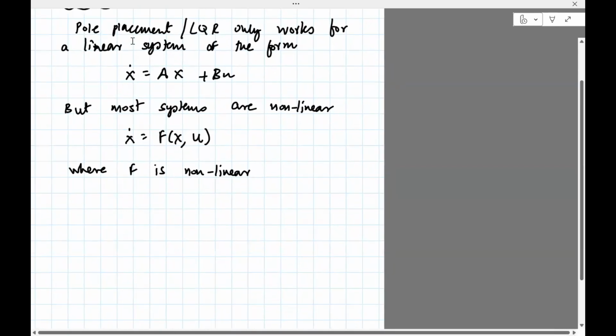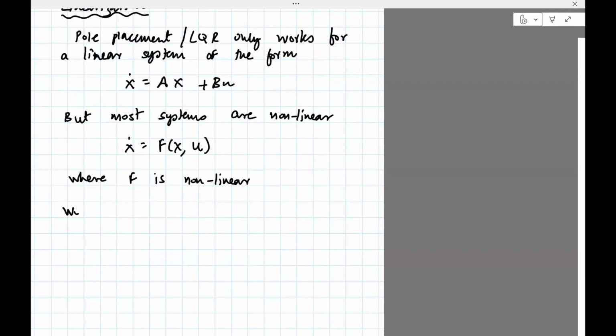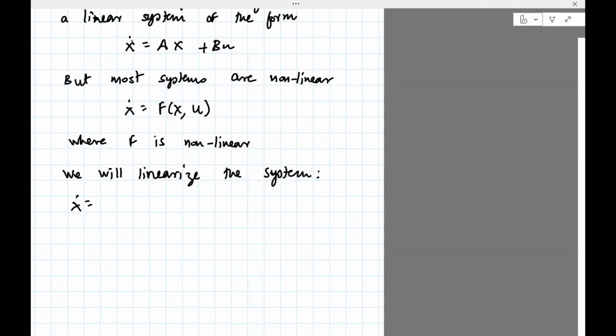Okay, so what we'll do here is this. We will linearize the system. So what does that mean? Basically, this method will take this equation and convert it to something like this: x dot equals ax plus bu.